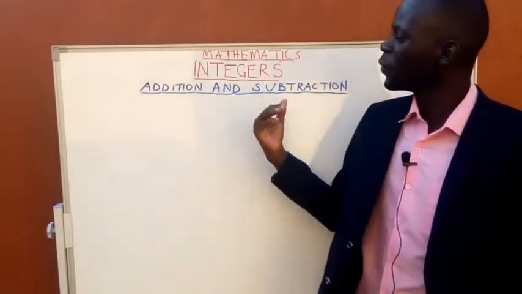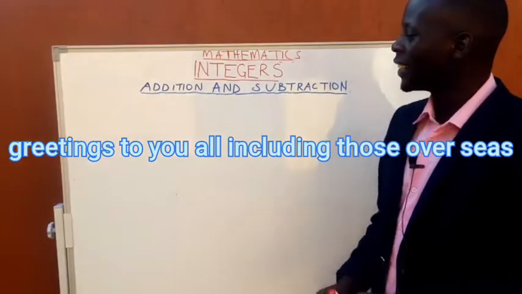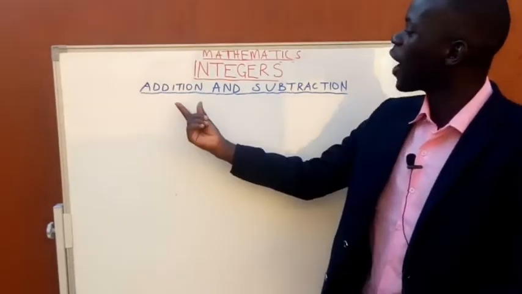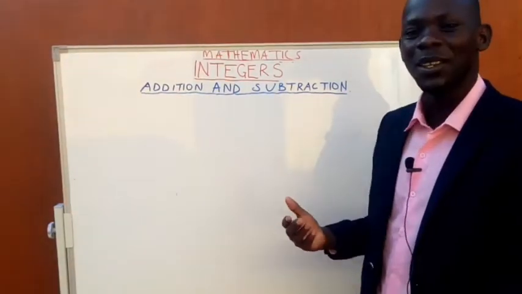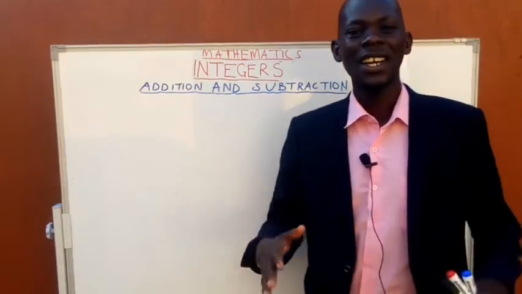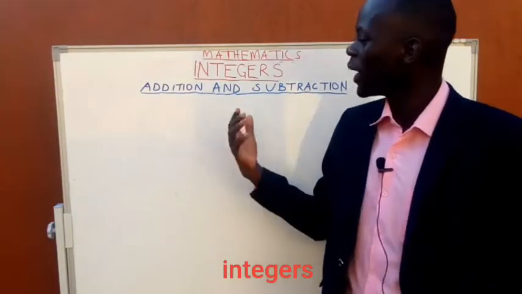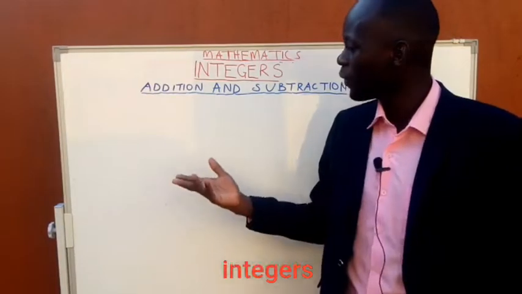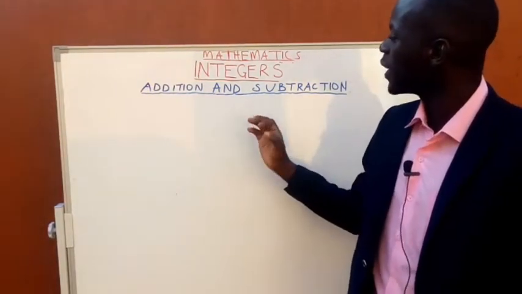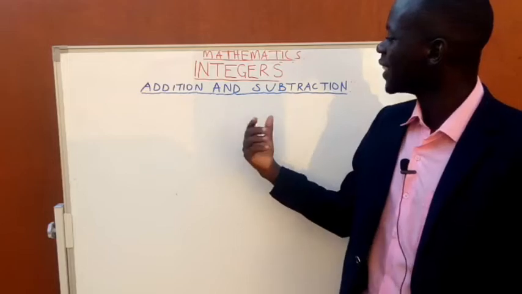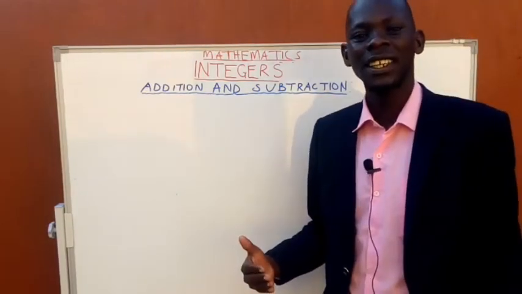So, we want to look at integers. Something very simple, how to add and subtract integers. We have been looking at addition and subtraction right from the lower classes. But now when we reached primary 3 and 4, we realized that there's some kind of complicating integers.